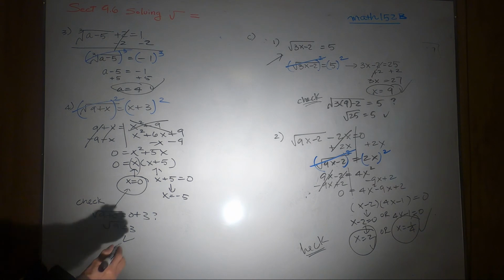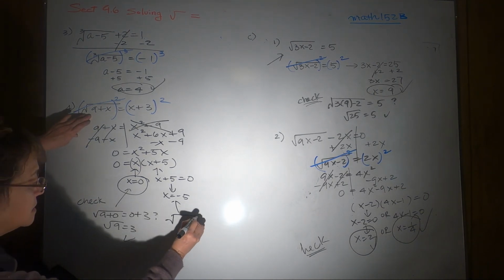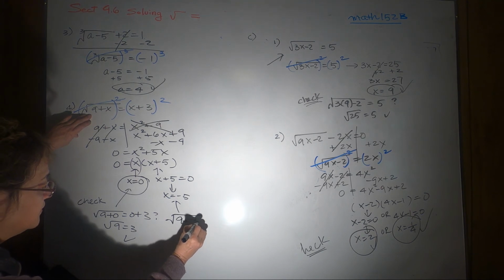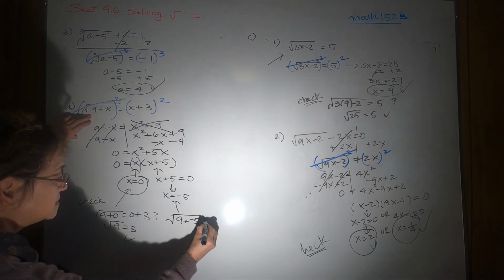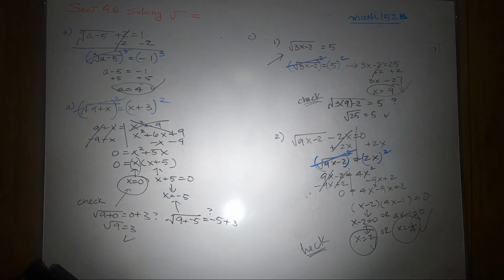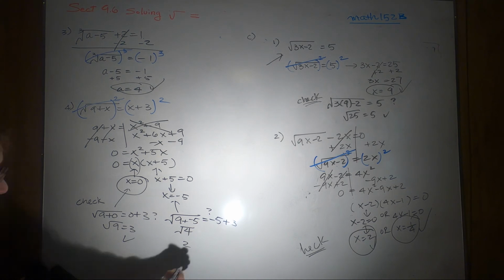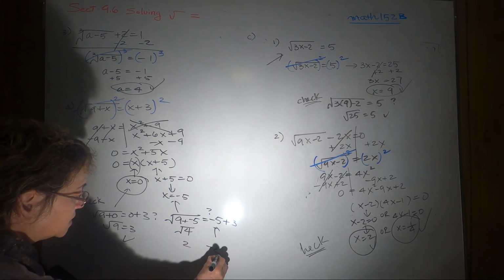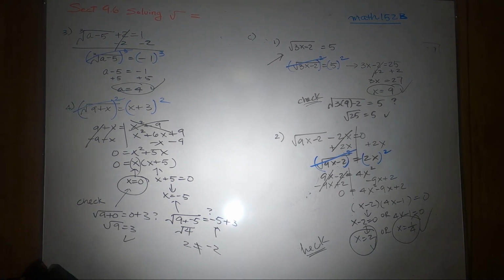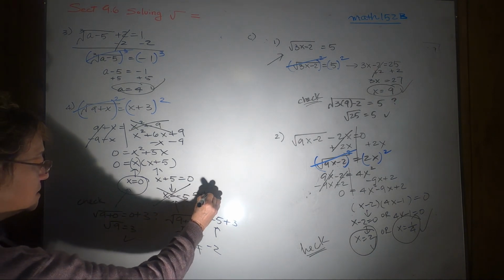Right? Then let's take a look at this one. Check. So original is the square root of 9 plus -5. Right? Is that the same thing as -5 plus 3? We are checking. So that would be the square root of 4. That would be 2. But this side would be -2. They are not the same. So this one, you cannot circle it.